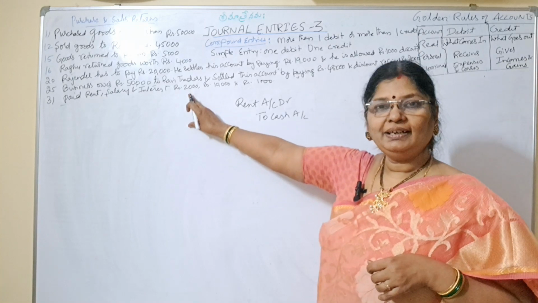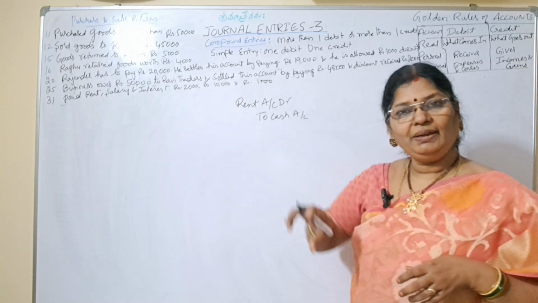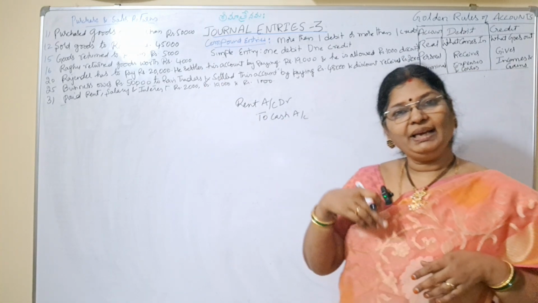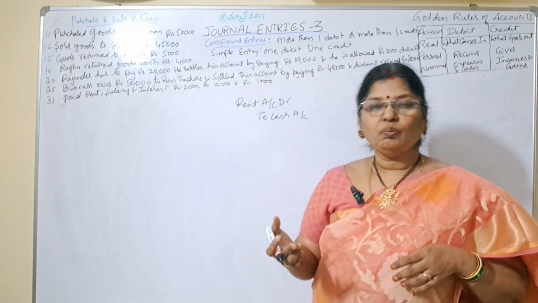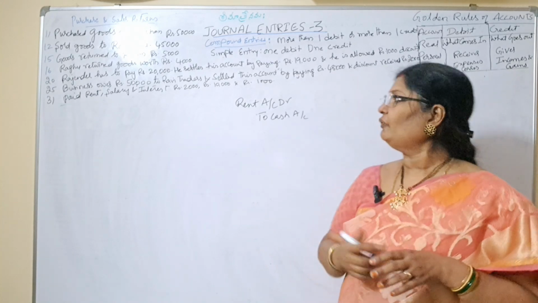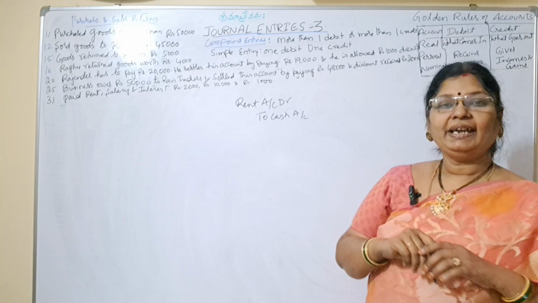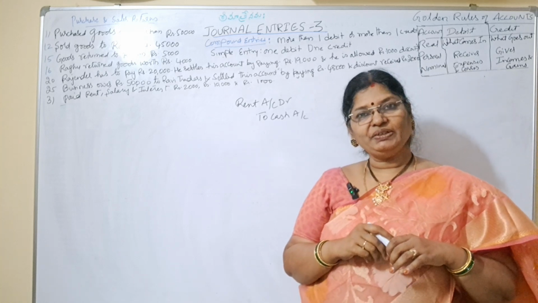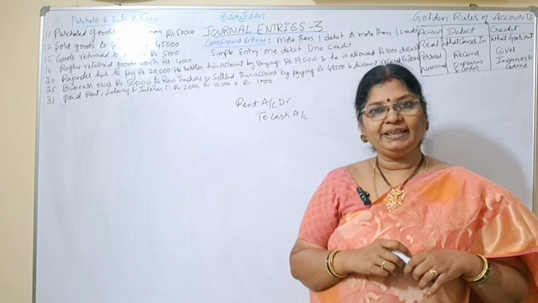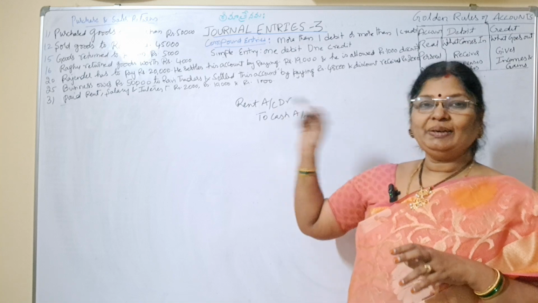I will explain that in the last entry. So if you are writing more than one debit or more than one credit, it is called a compound entry. Have you understood the difference between simple entry and compound entry? Okay, we'll go into the problem.